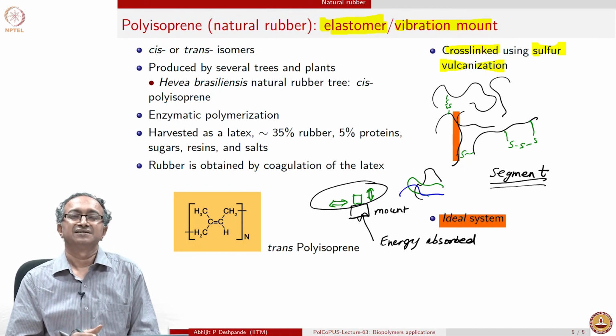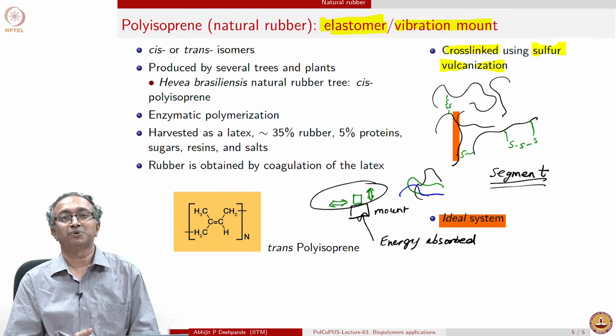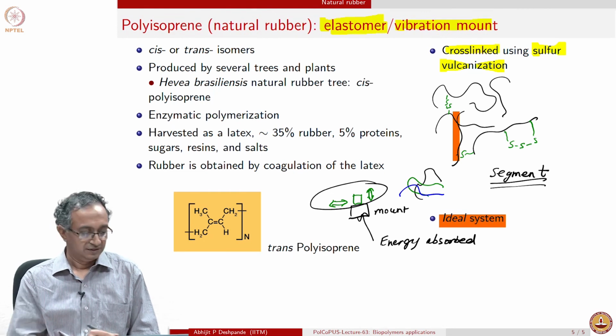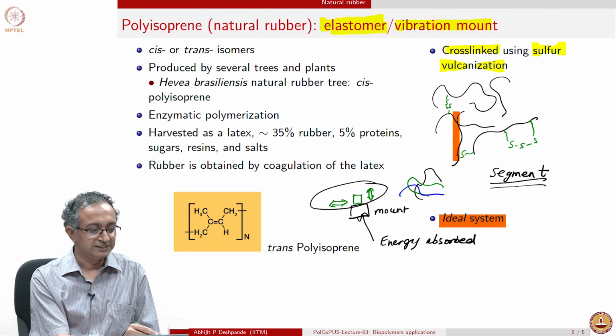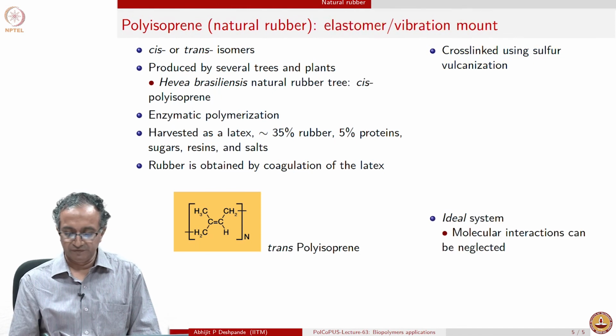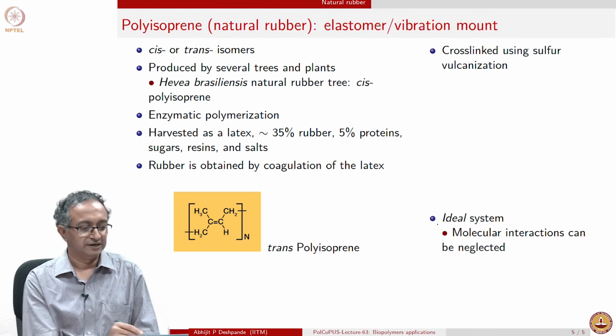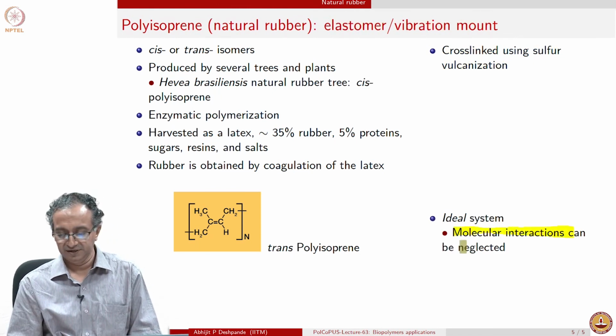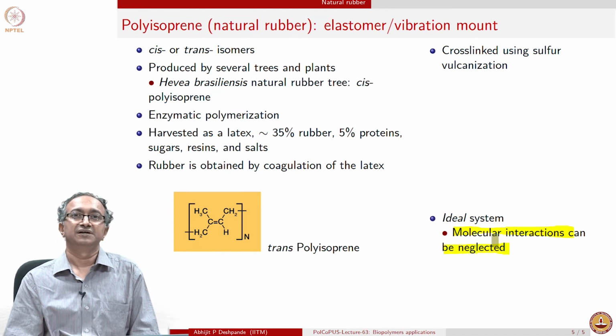In one case, xanthan gum, molecular interactions were everything that was important, and in rubber, molecular interactions could be neglected to explain the features of its application. Just to remind you again, when we say an ideal system, what we mean is molecular interactions can be neglected, which is what we did in explaining elastomeric and vibration mount properties of rubber.